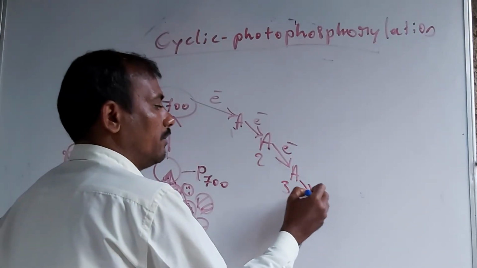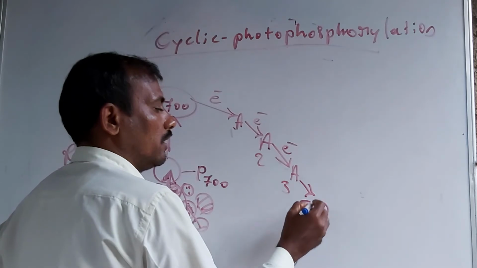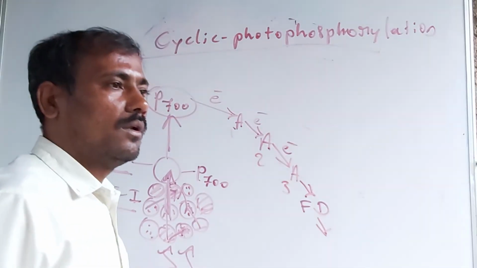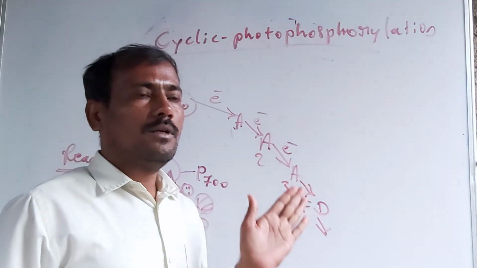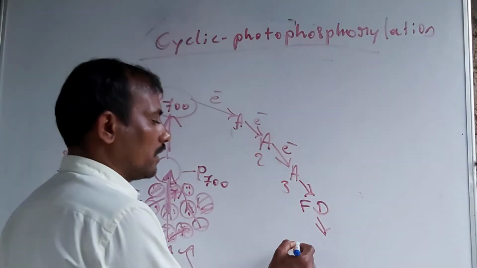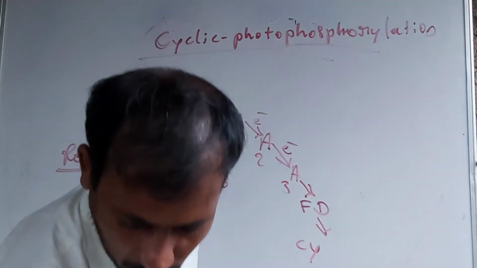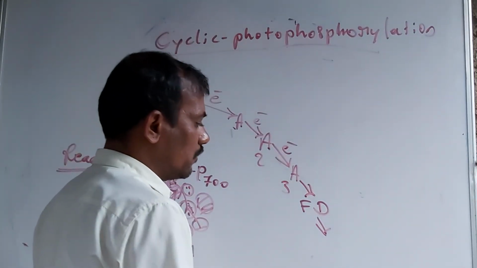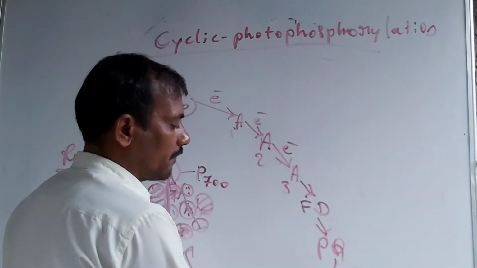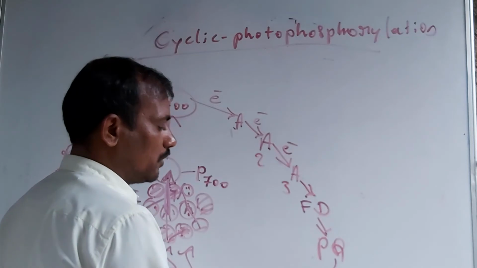Now from the unknown A3 enzyme it goes to the ferredoxin. This ferredoxin molecule again transfers it to the other, say for example, the plastoquinone. From the plastoquinone it goes to the cytochrome B6F complex molecule.